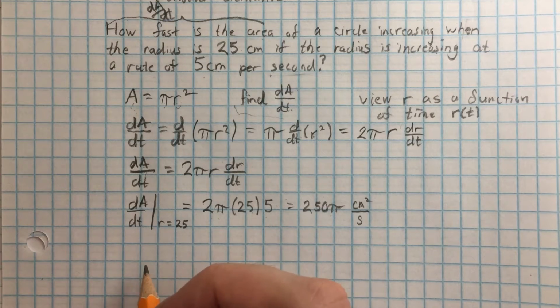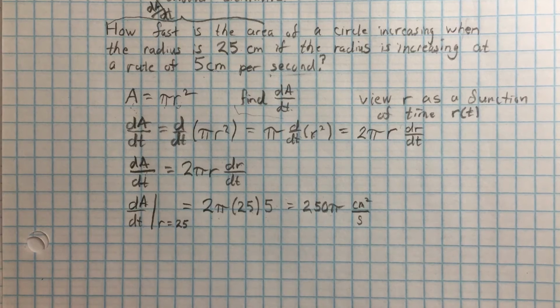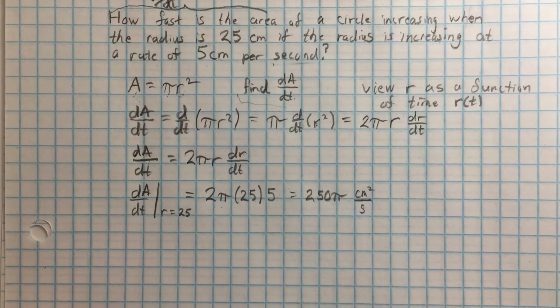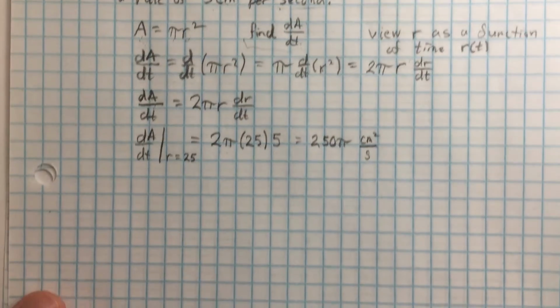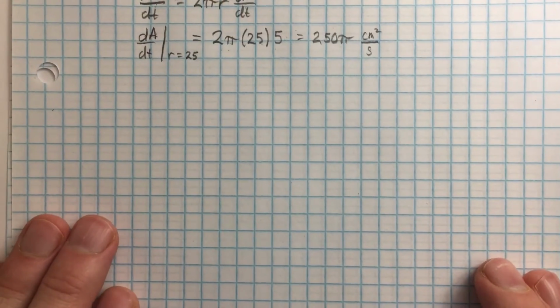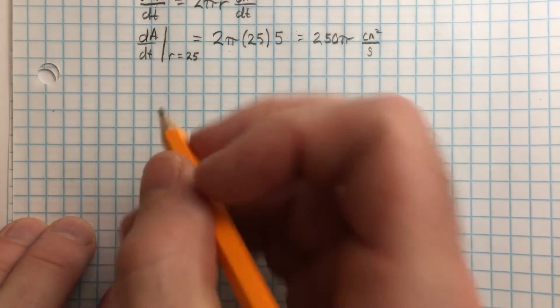Let's increase the dimensionality of this problem that we just did by 1. So let's go from an area of a circle to a volume of a sphere and show how similar these cases are.